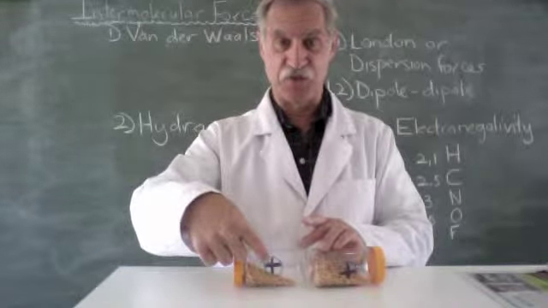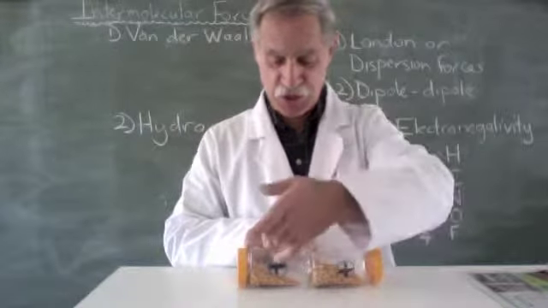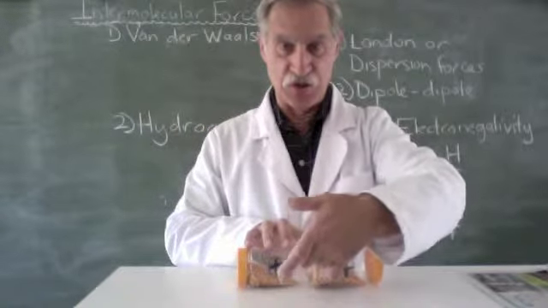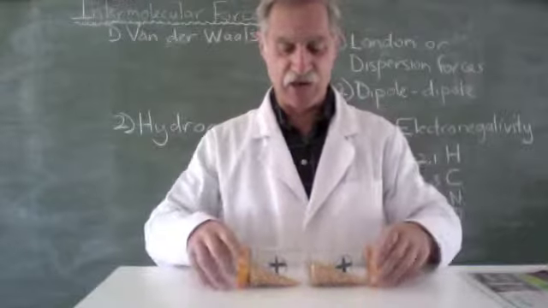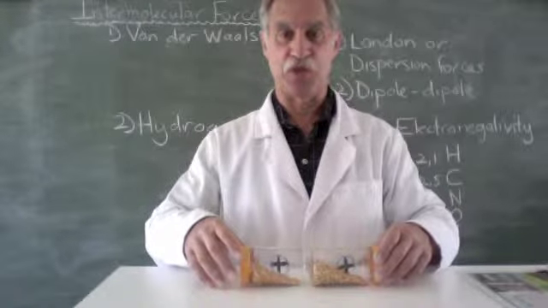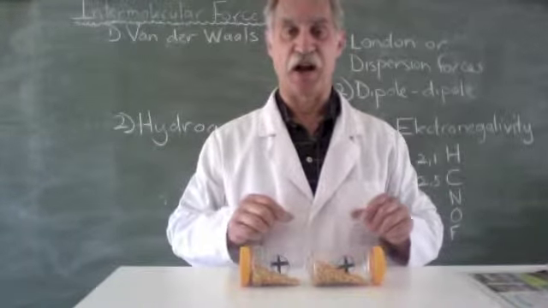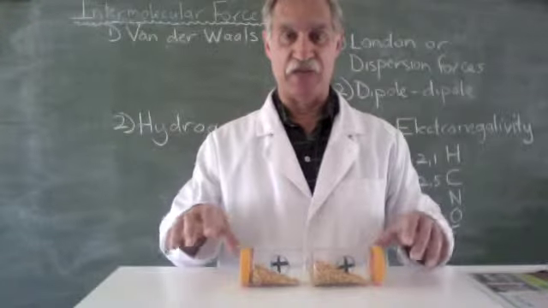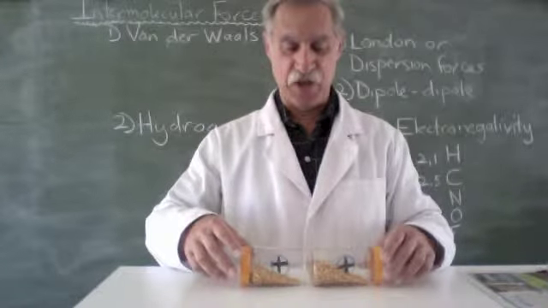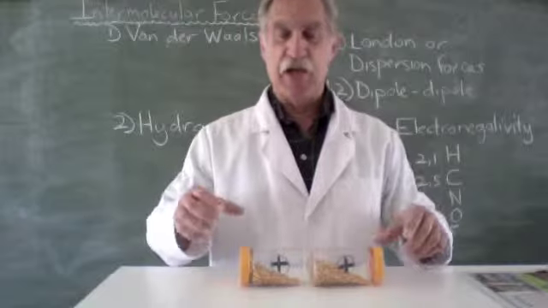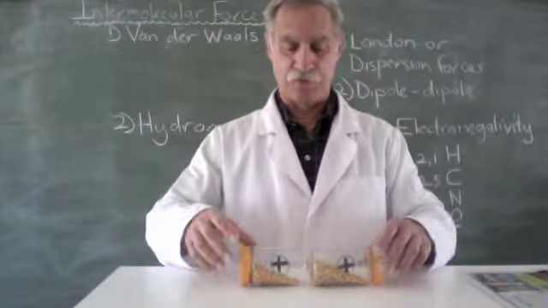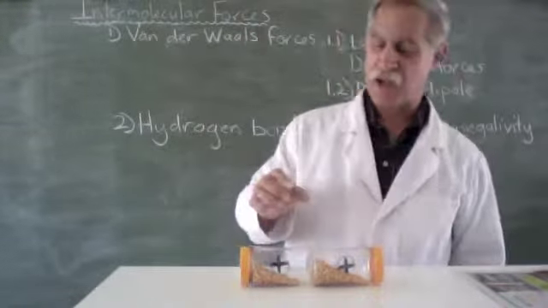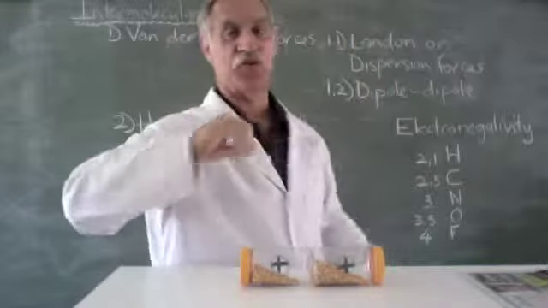The positive nucleus. So this positive nucleus is attracted to those negative electrons, and that creates a force of attraction between the two hydrogen atoms. So that would be an example of our London or dispersion forces.